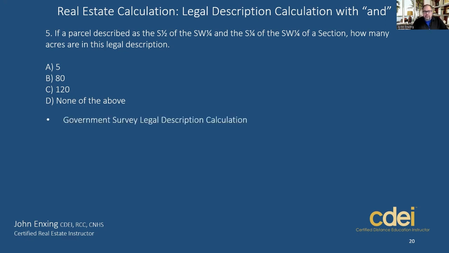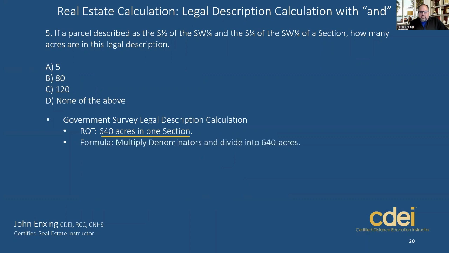Remember, this comes under the government survey legal calculation. You got to know 640 acres is in one section. Okay. You got 36 sections in a township. One section is equal to 640 acres. That's a unit of measurement you have to know. Okay. One section is equal to 640 acres.